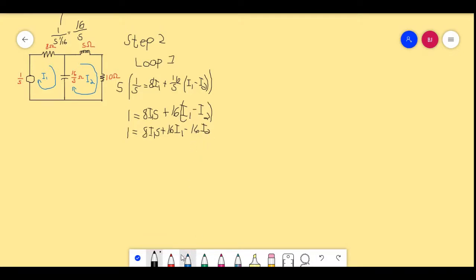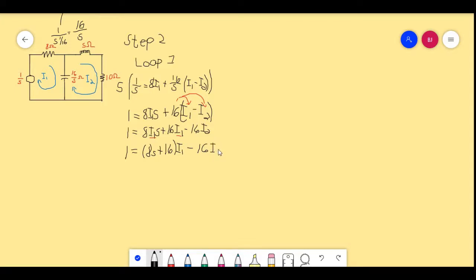So after distributing 16 to I1 and then to I2, you'll notice that we have two terms that have I1, and then we factor out I1 from both of them. So we will now have 1 is equal to 8S plus 16 multiplied by I1 minus 16 I2.